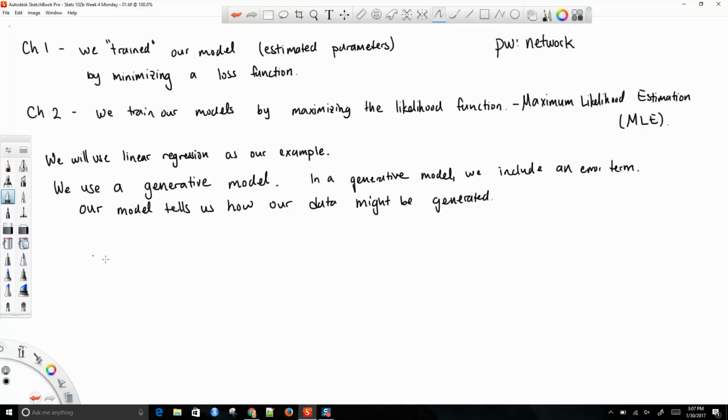So we might say some observation value is equal to the value from the mean function plus some random error.